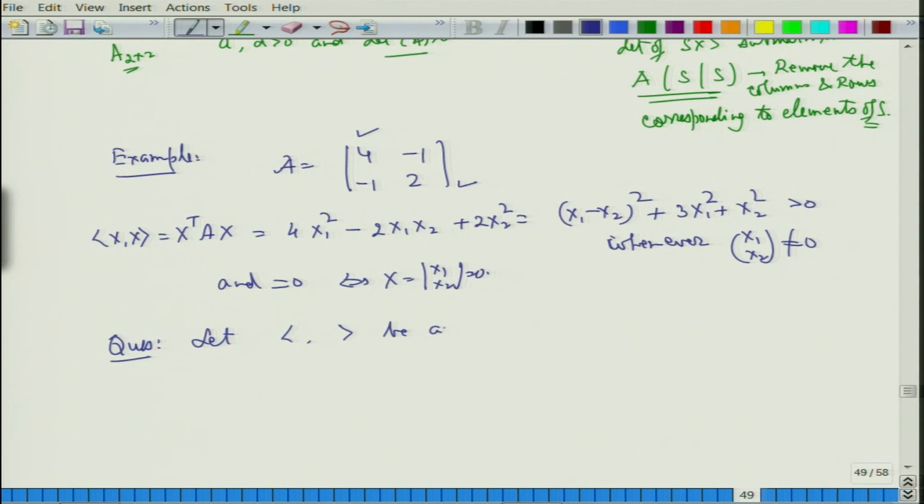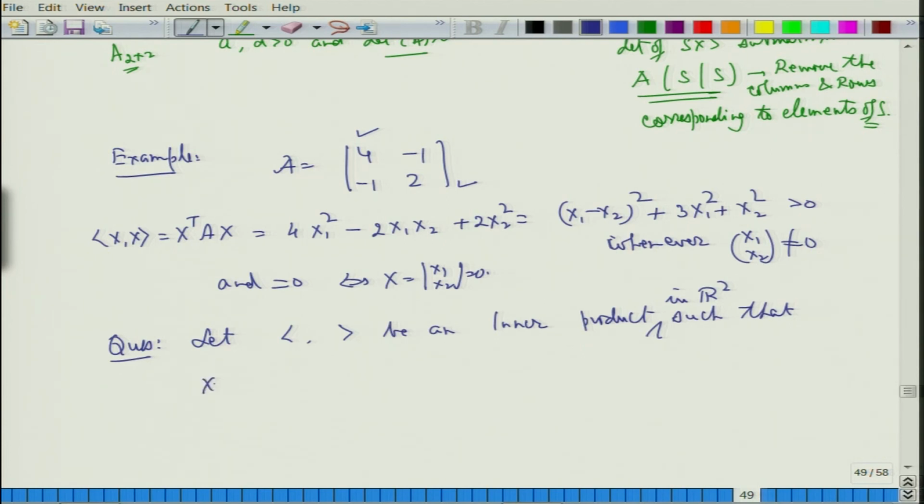So the question that can be asked is this: let this be an inner product in R2 such that (2, 1) is an inner product of, so inner product of two vectors.